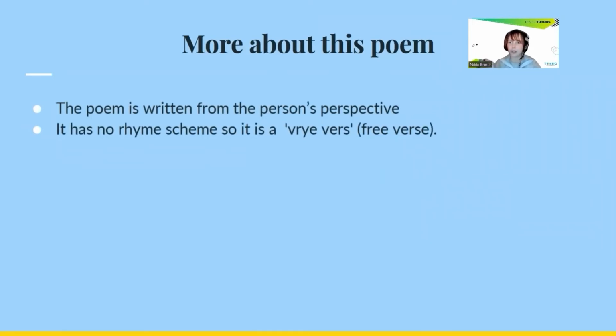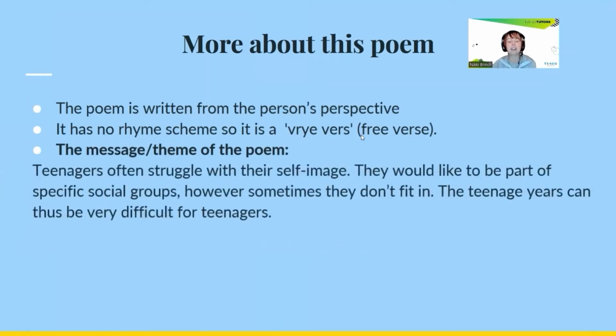So the end words in each line of poetry does not rhyme with the next one. Then the message or the theme of this poem, so keep that in mind when you are reading through it and trying to understand each line, is that teenagers are often struggling with self-image. That's what the main concept or idea behind this poem is.